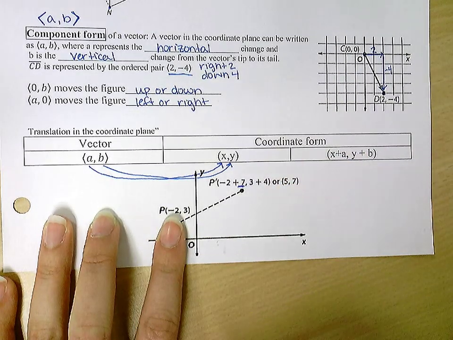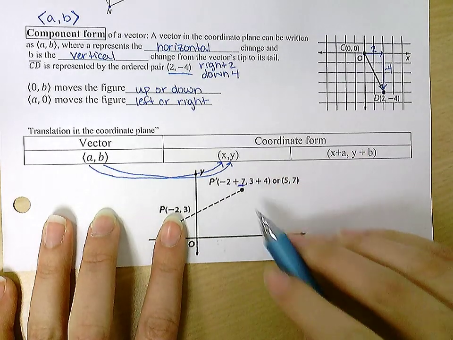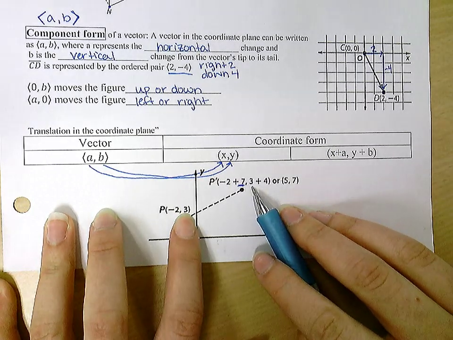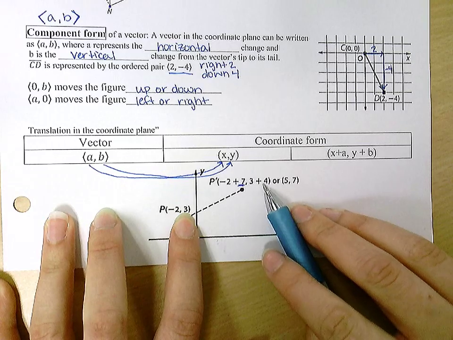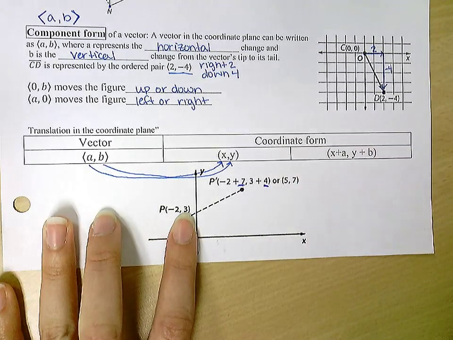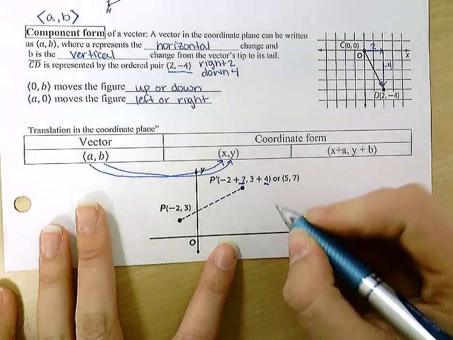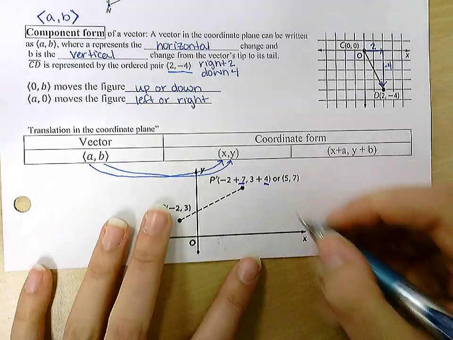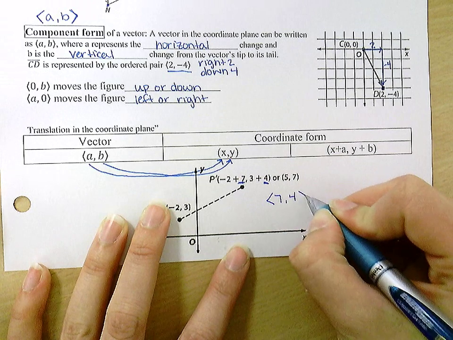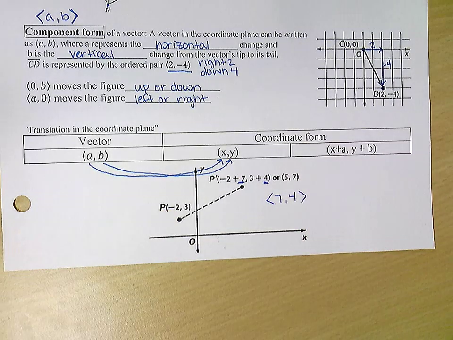That means 7 is part of your vector. And then our Y value is 3, and I'm adding on a 4. So 4 must also be part of our vector. So they're using this vector of 7, 4.